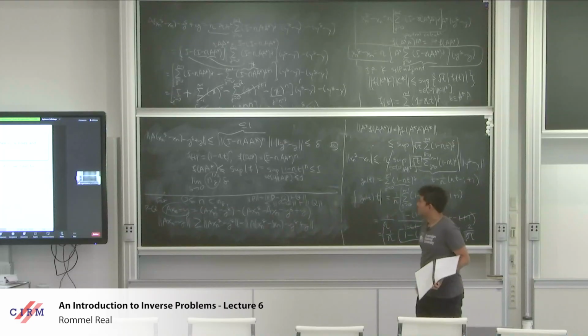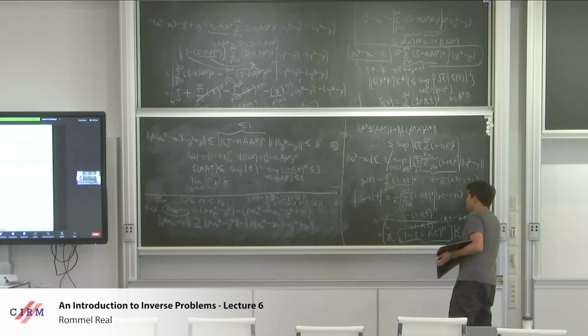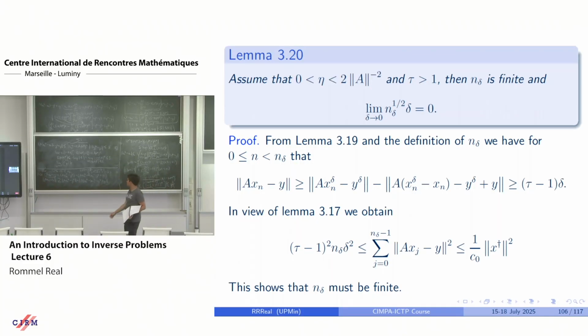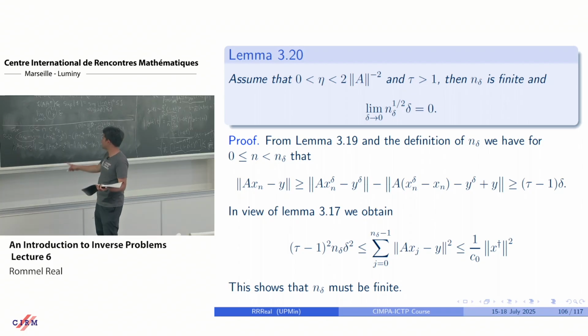And then from this one, we'll use the discrepancy principle. Okay, now because we take n to be less than n delta, that means n here doesn't satisfy yet the discrepancy principle. So therefore, this first term here is still less than or equal, actually less than tau delta.